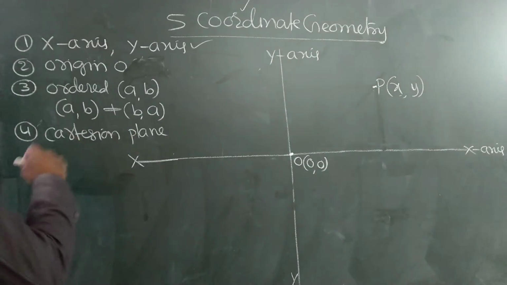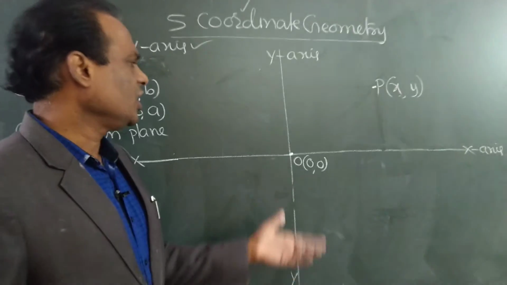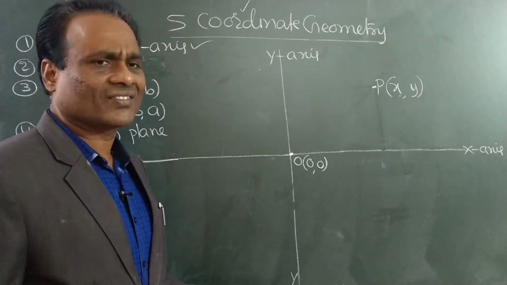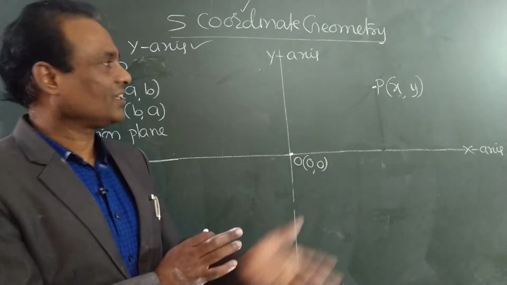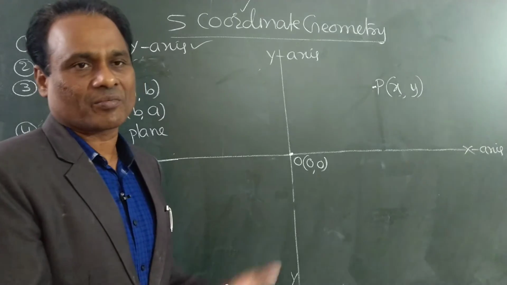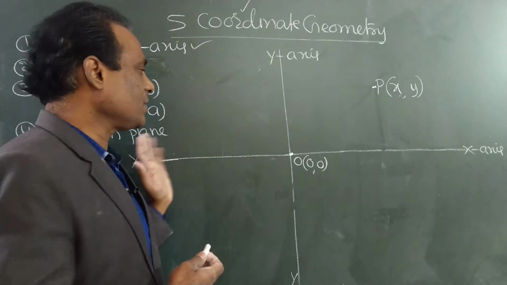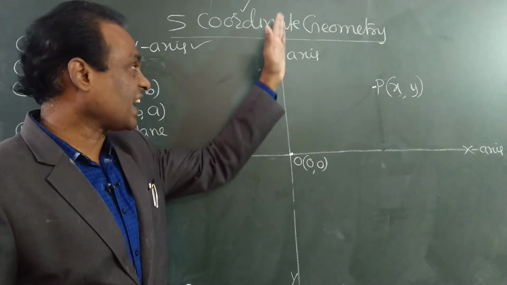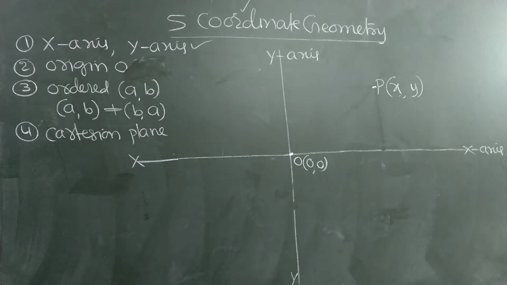Cartesian plane means the plane on which the coordinate system is taken. Any plane on which you draw x-axis, y-axis and origin is called a Cartesian plane. Now this board is a Cartesian plane for me, and for you, the paper is a Cartesian plane.